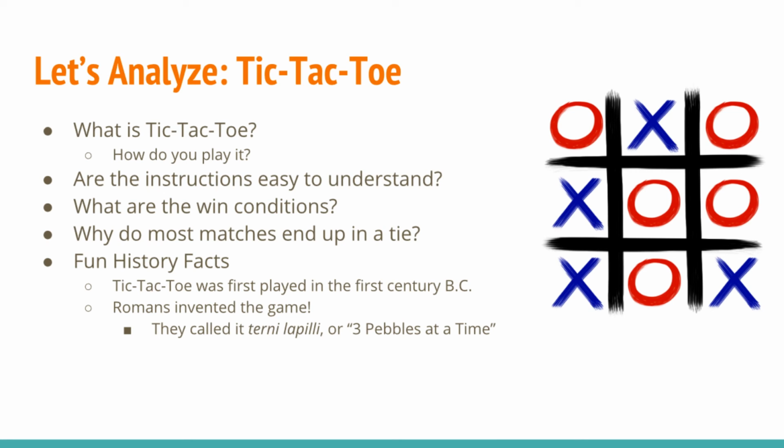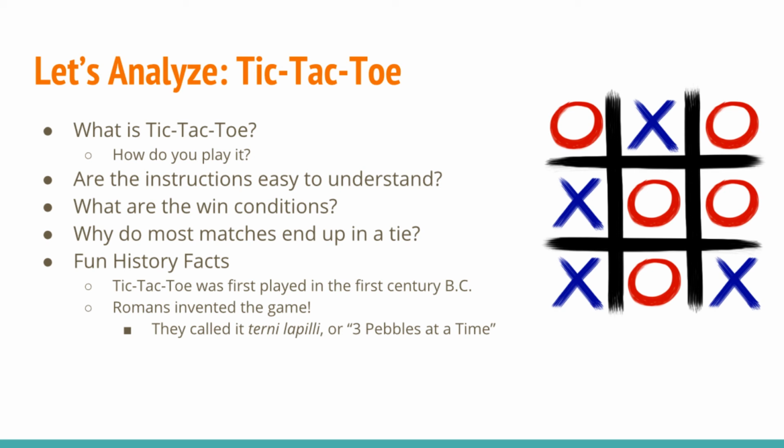All right. So we're going to talk about a basic game that's very popular among many people. If you don't know it, I don't know what to tell you. So, tic-tac-toe. What is tic-tac-toe? Well, it is a game that uses a 3x3 grid.